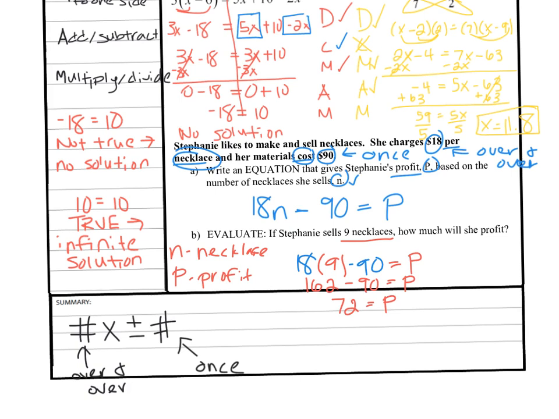But since this is a word problem, let's make sure that we write this answer in words. So my question asks, how much will she profit? So I'll write she will profit $72.